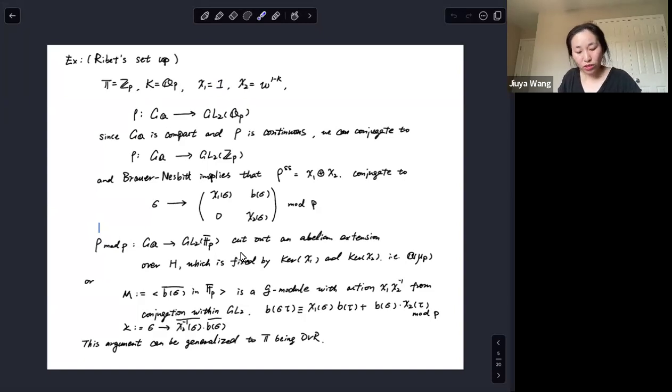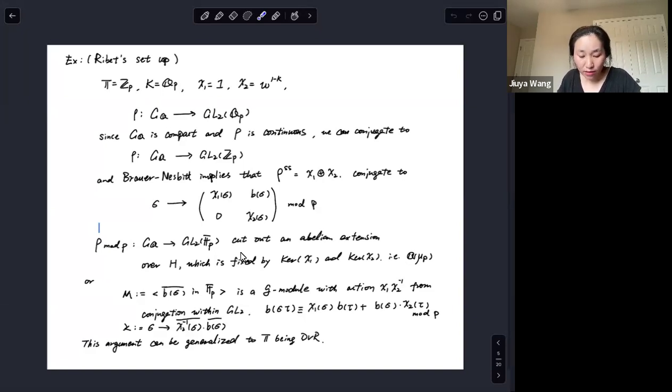Then the Galois representation gives you a continuous homomorphism from G_Q to GL2 of Q_p. Because G_Q is compact and rho is continuous, we can find a good model of this representation so that the image of G_Q lies in GL2 of Z_p.